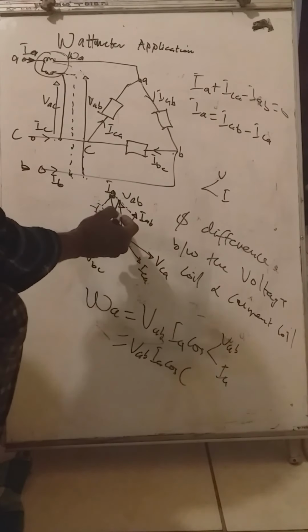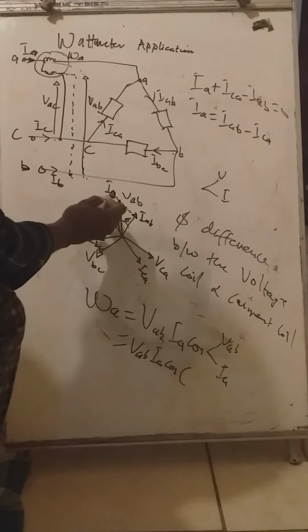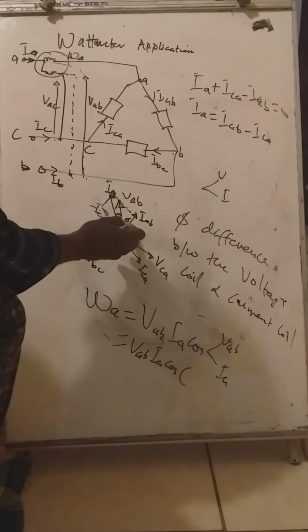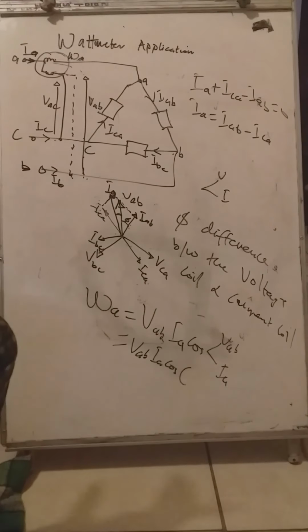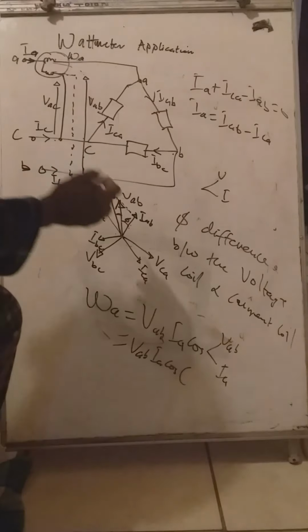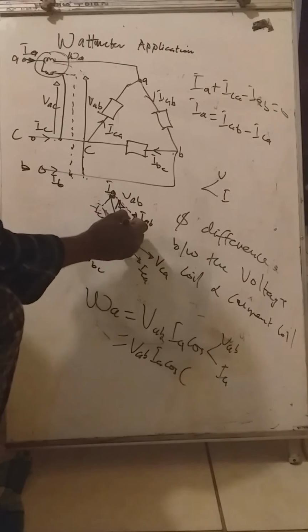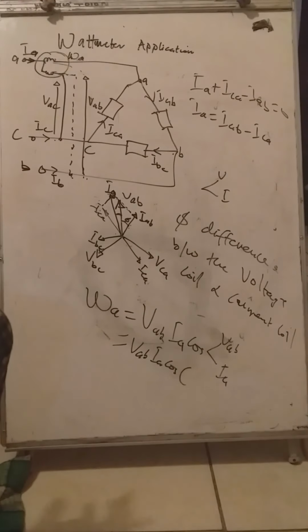Let's not forget that line current and phase current are separated by 30 degrees. Just like phase voltage and line voltage, they are also separated by 30 degrees.